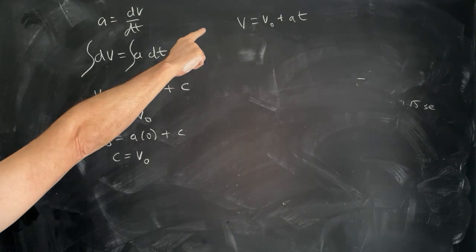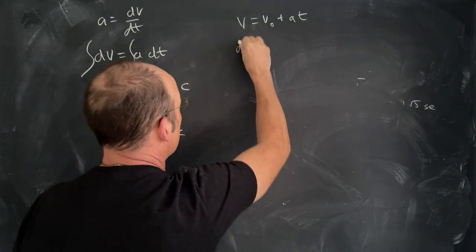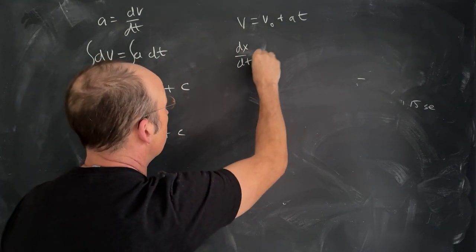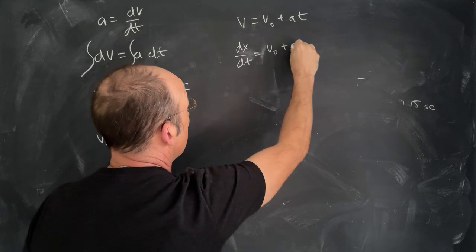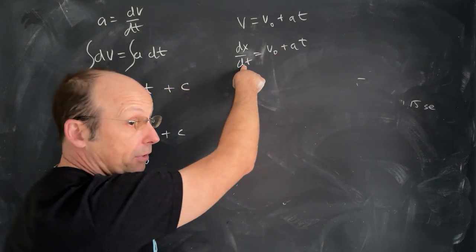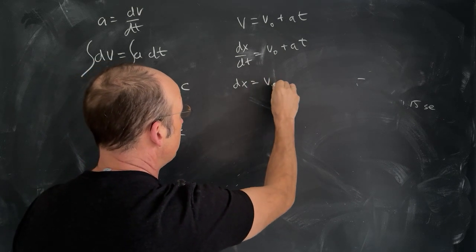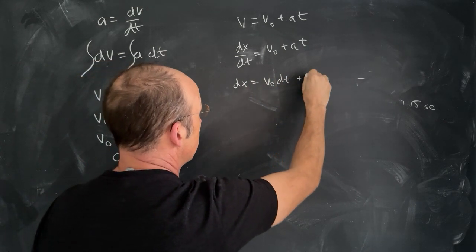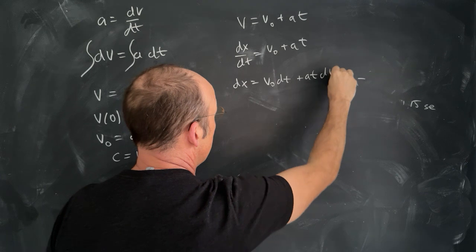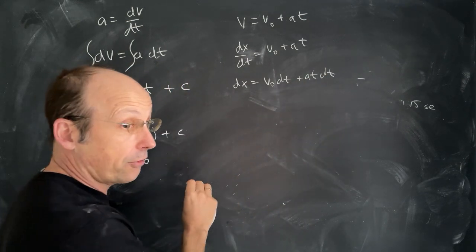Now I'm going to write v as dx dt. So dx dt equals v0 plus at. Again, I multiply both sides by dt, and I get dx equals v0 dt plus at dt. Now I can integrate both sides.